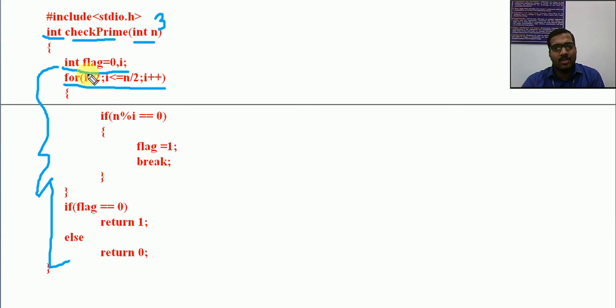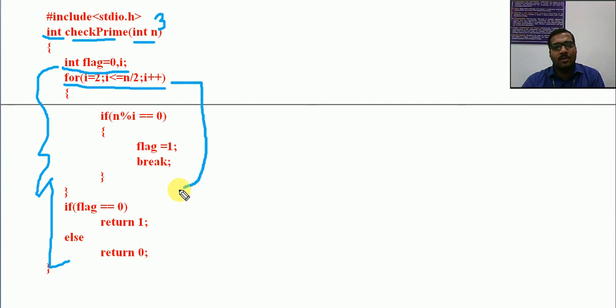So in the case of 3, for I equal to 2, what is n by 2? 3 by 2, that is 1. So there itself the condition fails.